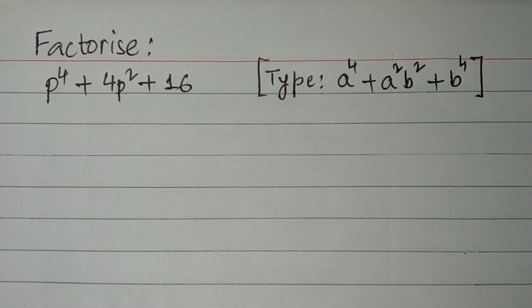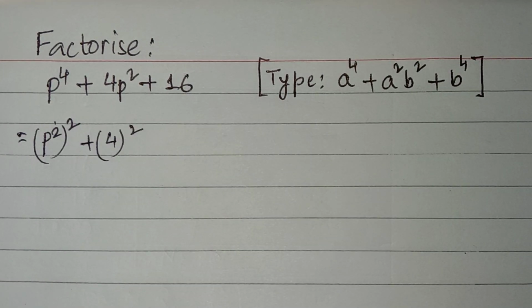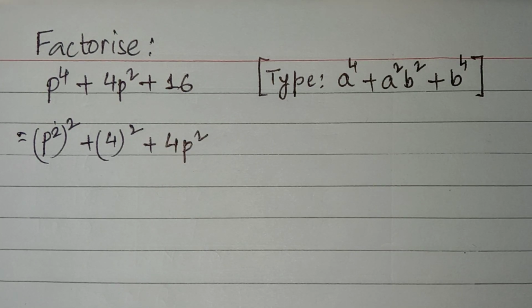Let's do that. Here I wrote p power 4 as p square squared and 16 as 4 square. And now this 4p square is left, that should be noted. And now 4p square is written.